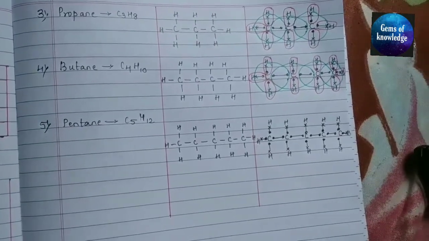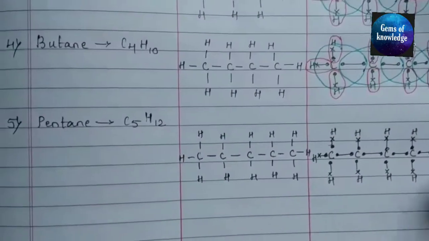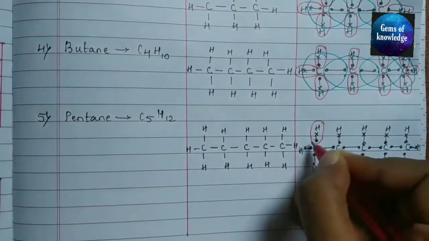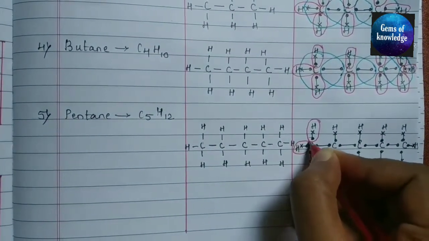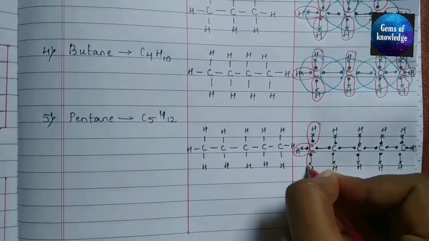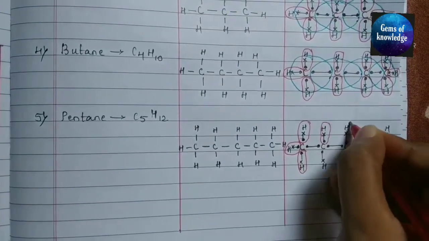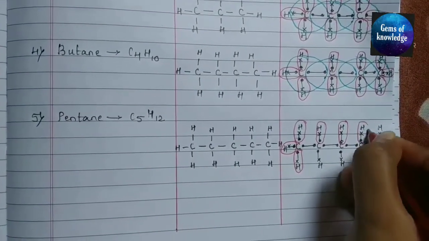So now the electron dot structure for hydrogen. Just see, hydrogen will be this part, 2 electrons, and from here 2 electrons. From here it is 2 electrons. Here also 2 electrons.